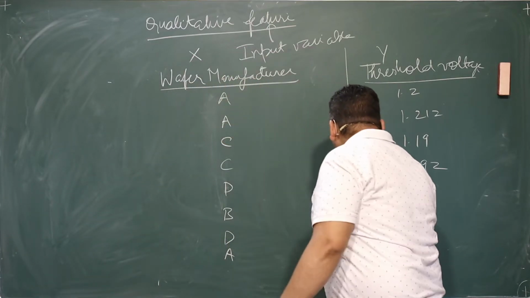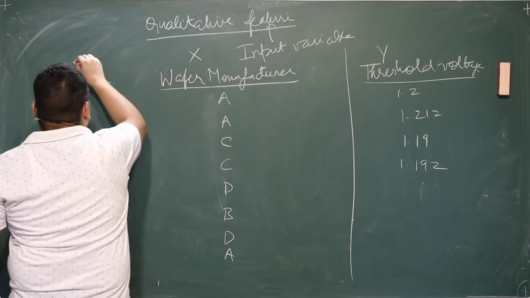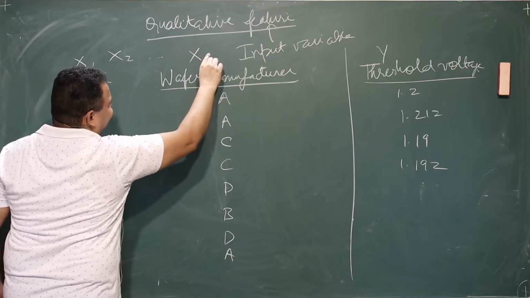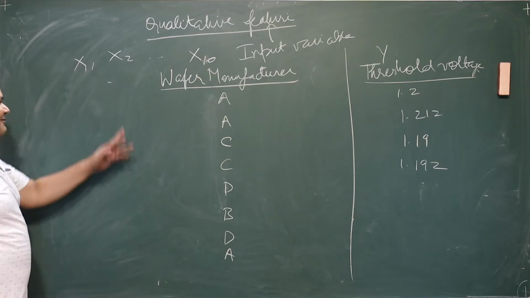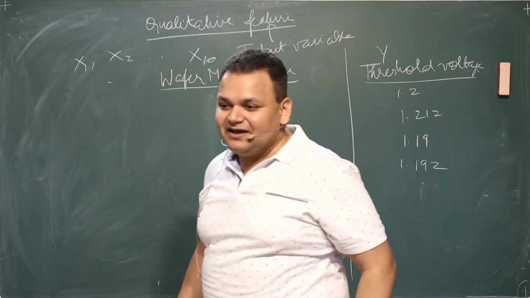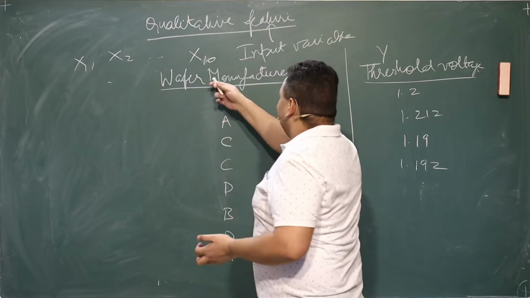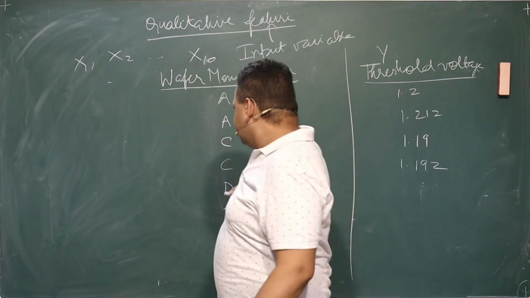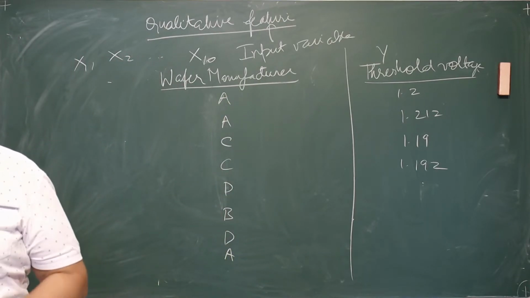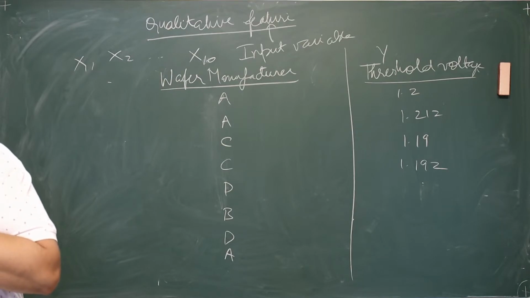Obviously I have other columns x1, x2, x3, up to x10. My 10th column is the wafer manufacturer in a big, huge data set, but the number of values of this wafer manufacturer is only 4: A, B, C or D. That is the point. Shivansh, now you get it or no? Yes sir. Now can you fit a model now?